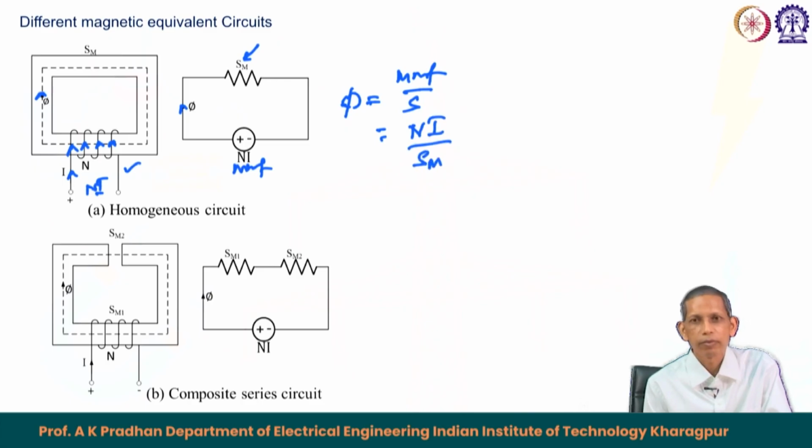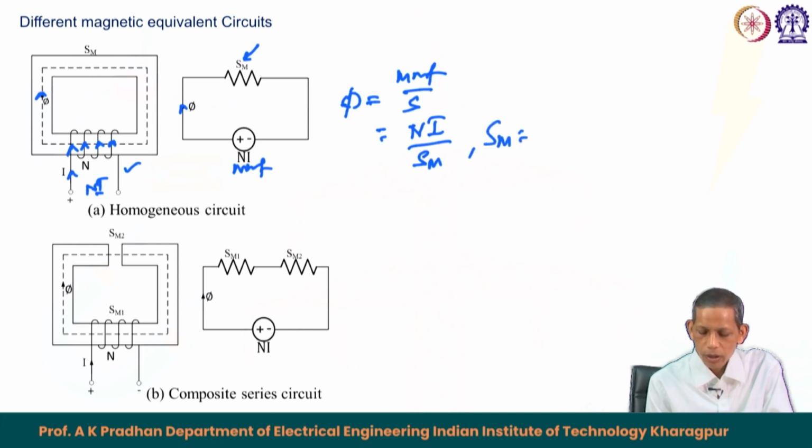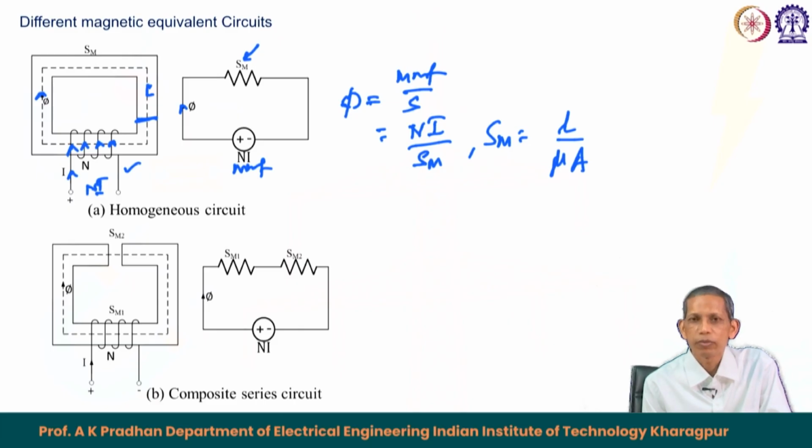So, we can obtain it like this, where the reluctance Sm will be equal to L by mu A. L is the length of the mean core, the path shown here, cross sectional area A, and then mu, the permeability, mu naught into mu r. This is for a homogeneous circuit, throughout which the material is the same. So, we call it a homogeneous circuit.